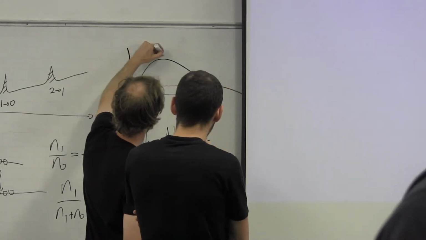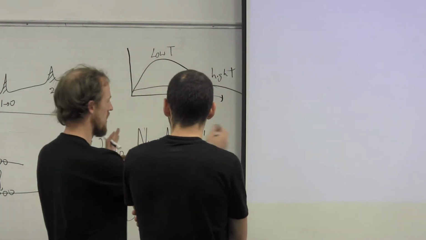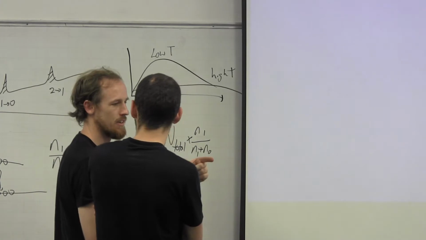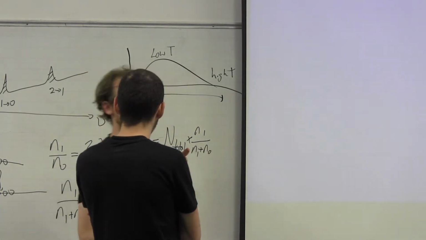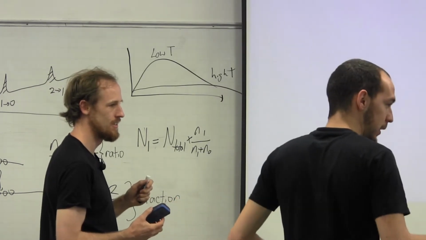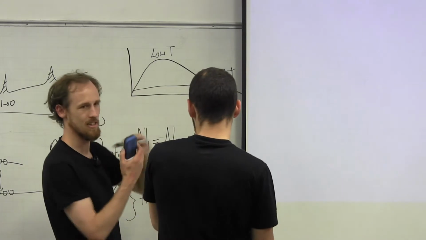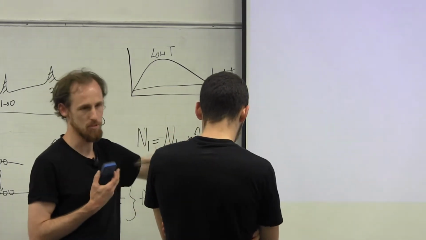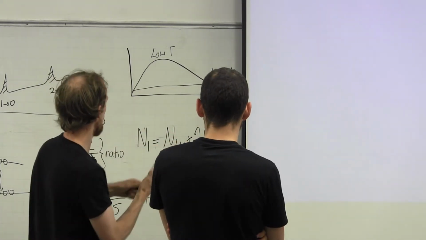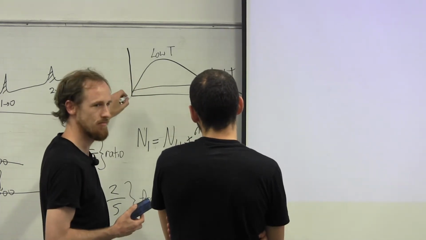That's a low T and a high T. It gets wider and wider. So if you have a very high T, you get a much longer exponential Boltzmann function. So here actually, you're approaching a constant, flat.